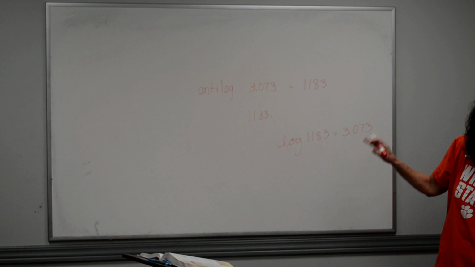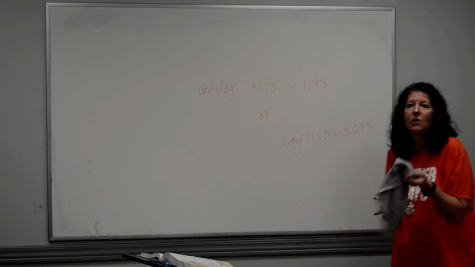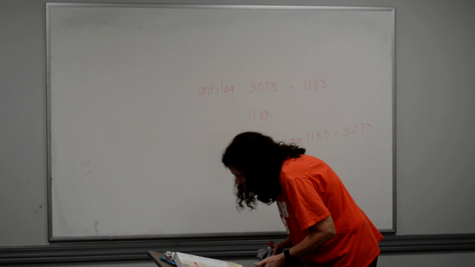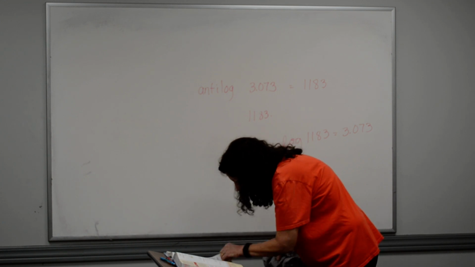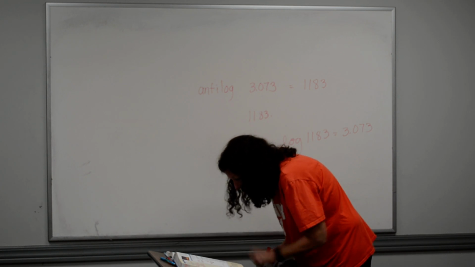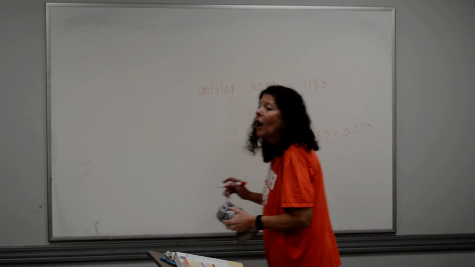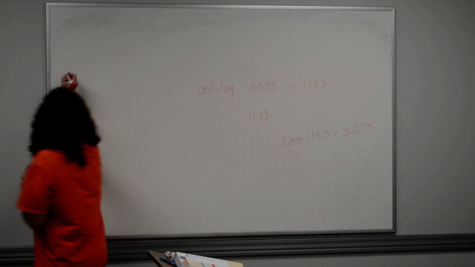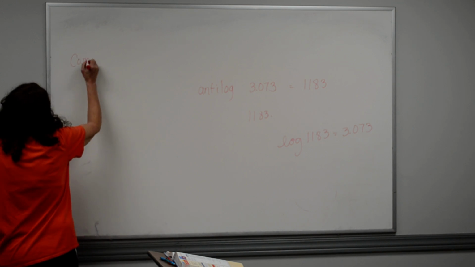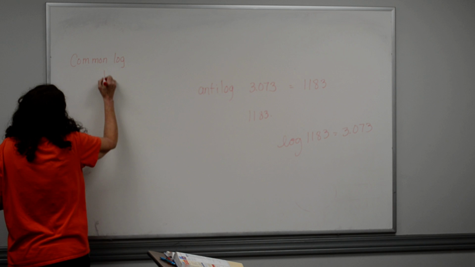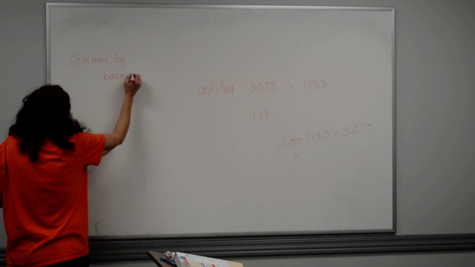All we need out of this section is to be able to do that kind of stuff. Literally, that's all I'm going to ask you to do. So that's what's called a common log. A common log has a base of 10.